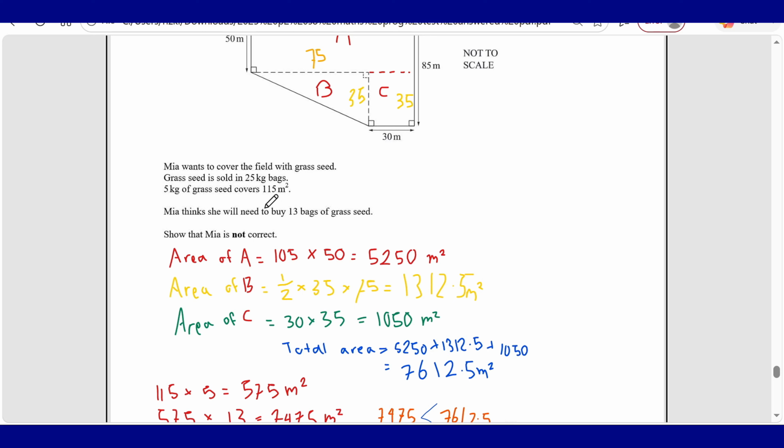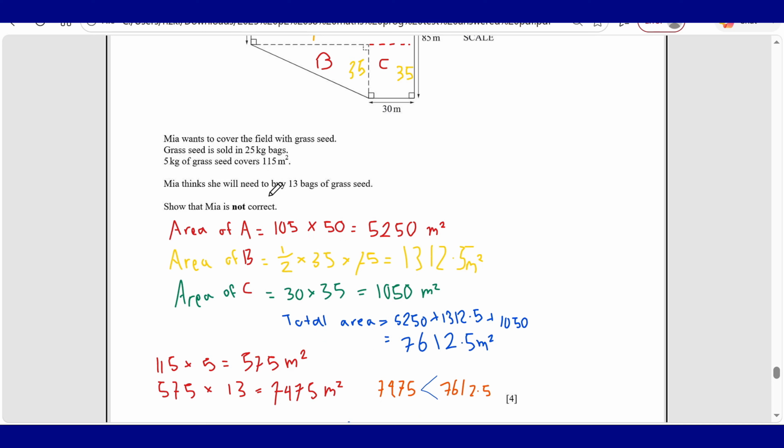Now, because 5 kg can cover 115, and one bag is 25 kg, so one bag is 5 kg times 5.